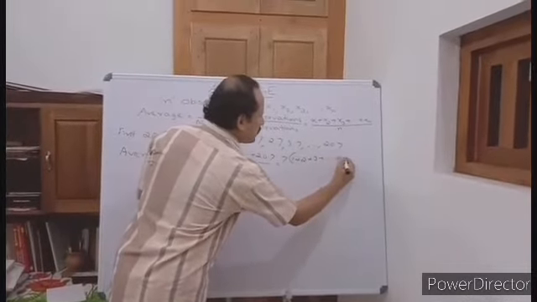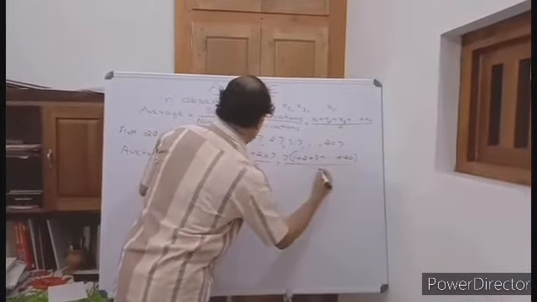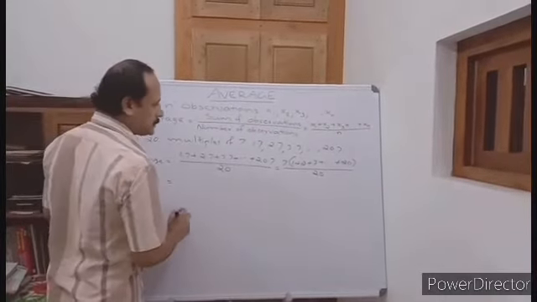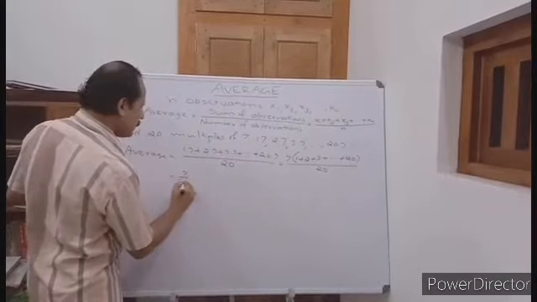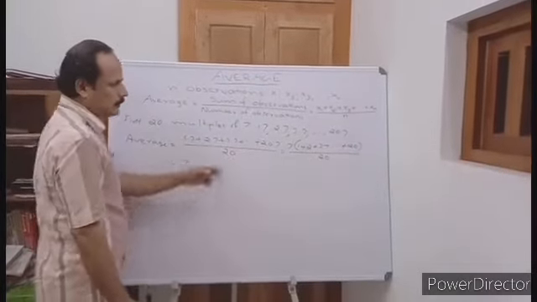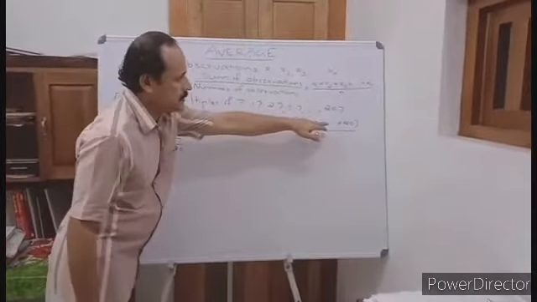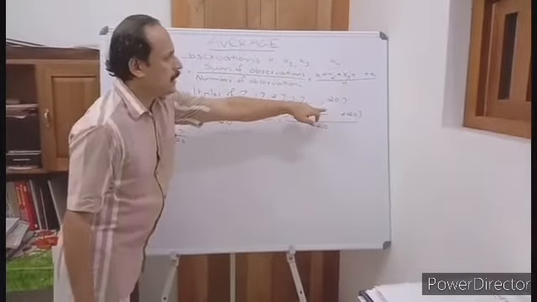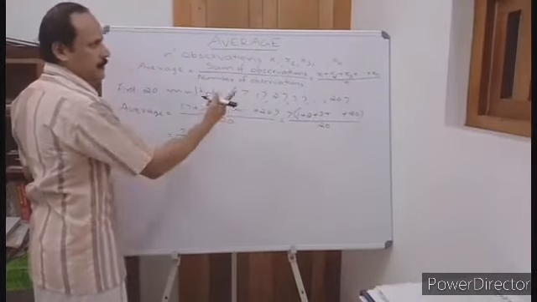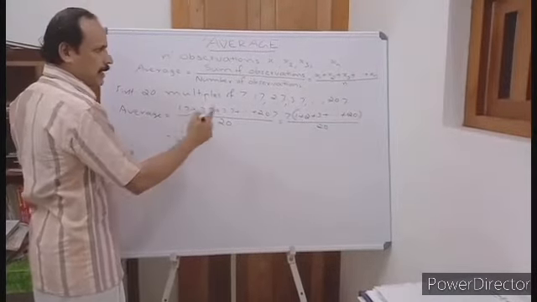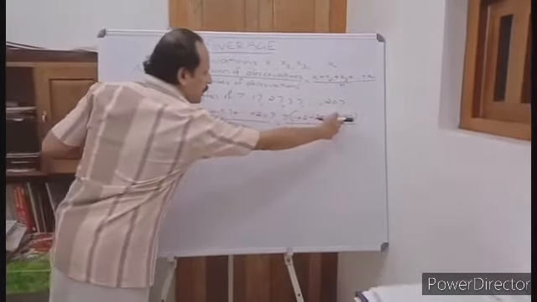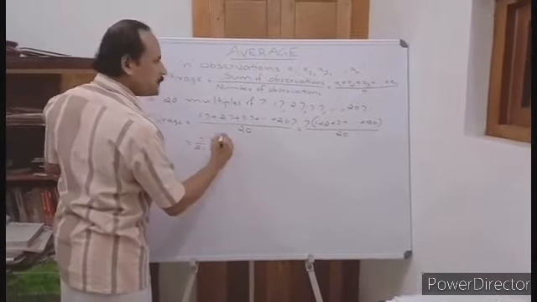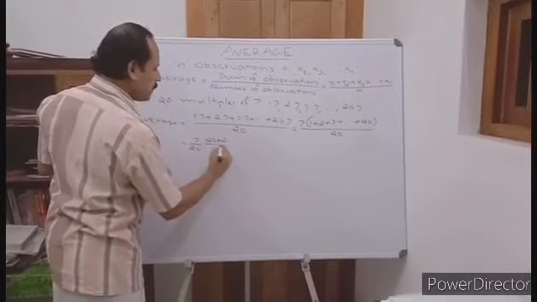plus the last term 20, all divided by 20, and this is equal to 7 by 20 into 1 plus 2 plus 3 etc. plus 20. These are the first 20 natural numbers, and so their sum can be obtained using the formula n into n plus 1 by 2, and here n equals 20, therefore 20 into 21 by 2.